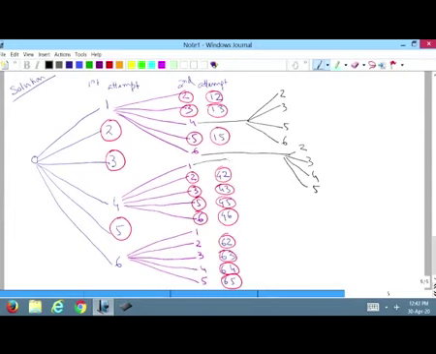From 4 1 we get 2, 3, 5 and 6, and from 6 1 we get 2, 3, 4 and 5. So, how many sample points are there?